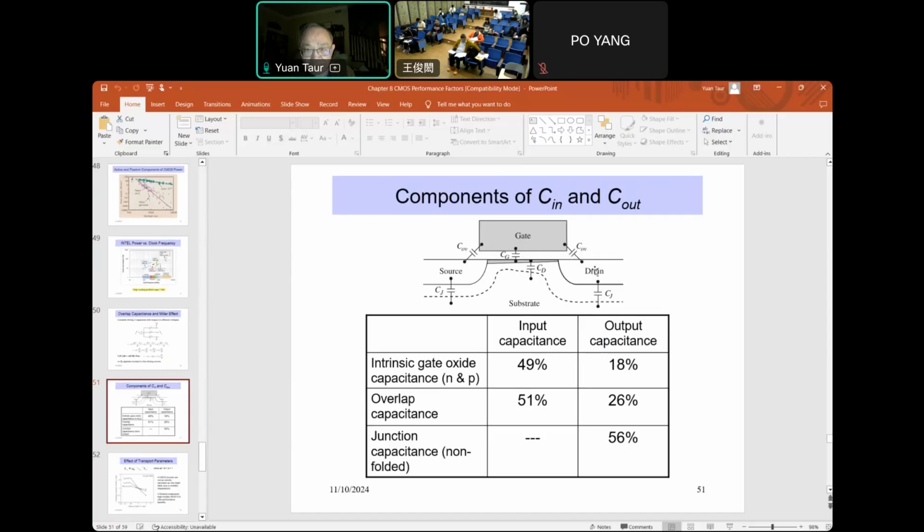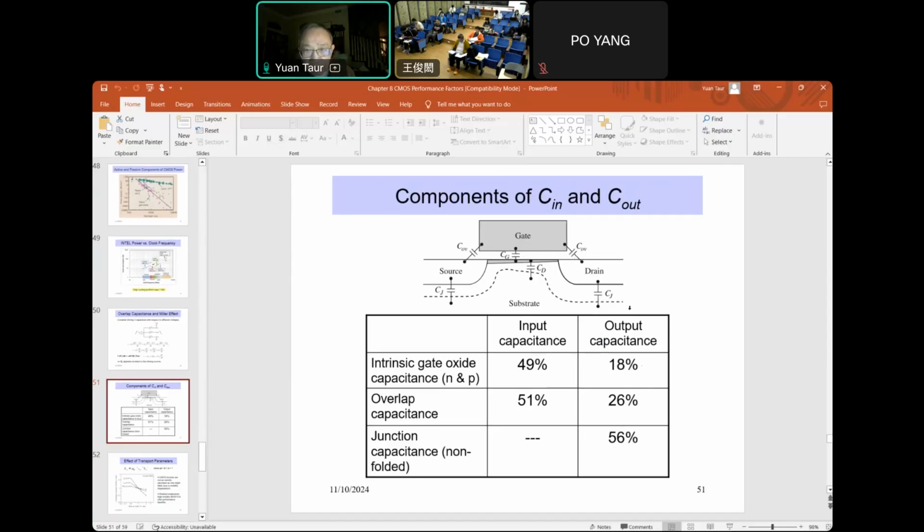The output capacitance is the capacitance of the switching drain node, and for that, most of it is the junction capacitance. Okay, more than 50% junction capacitance.